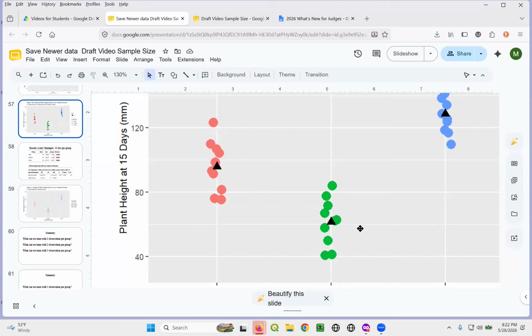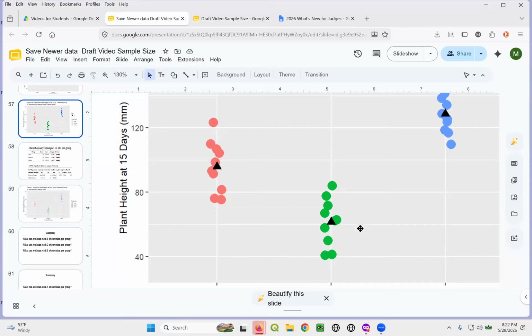Right. I mean, that graph there is telling me more about the effect than the p-value will. I don't know how small the p-value is, but I'm pretty sure it's a small p-value when I see that the green dots and the blue dots don't even overlap.